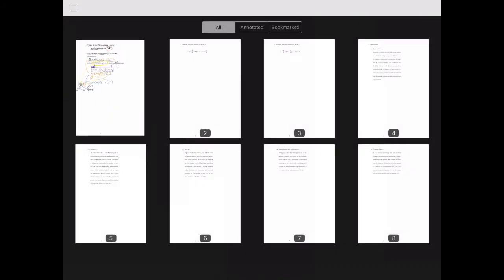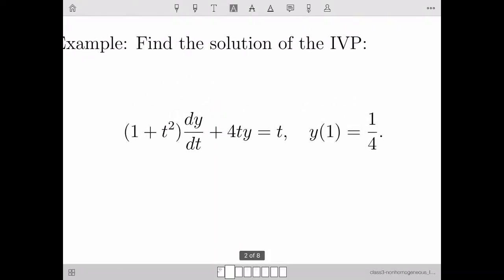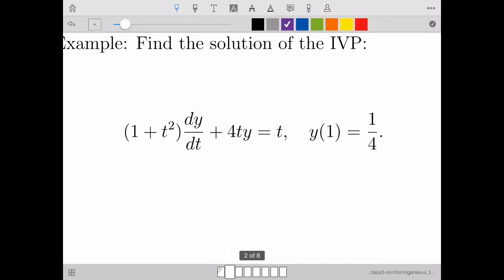Okay, so example: find the solution of the IVP. First of all, this is first order. They all contain t and y has power 1, so it is linear.